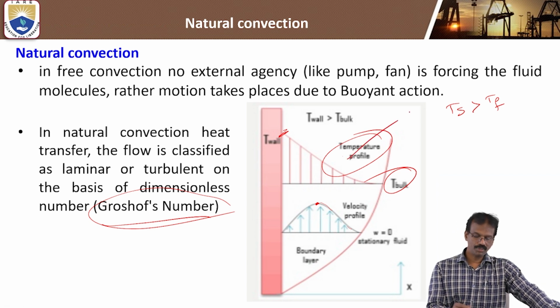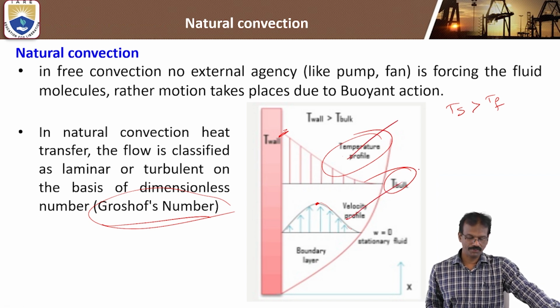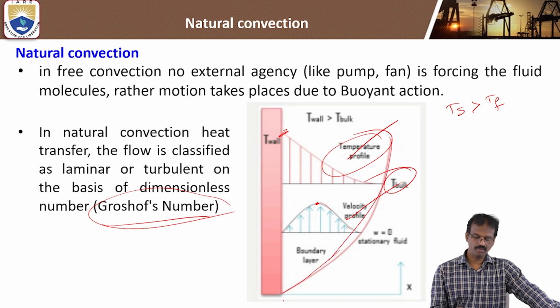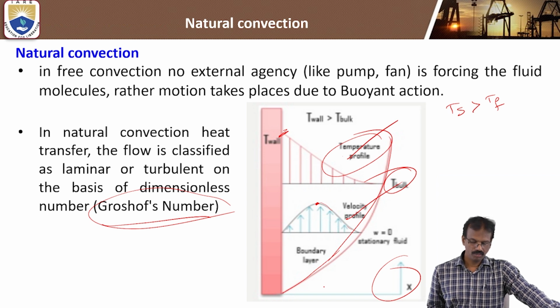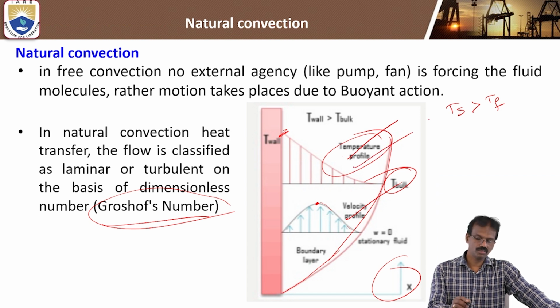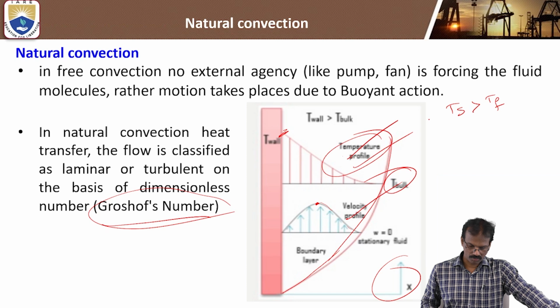This is the boundary layer, where x is in the vertical direction, you can take x or y. This is just like the boundary layer diagram with velocity and temperature profiles. The same situations apply in forced convection also.